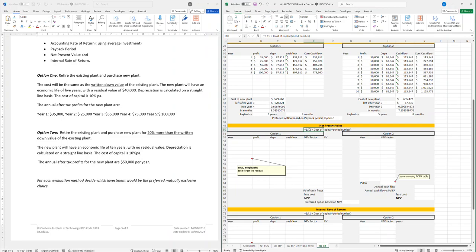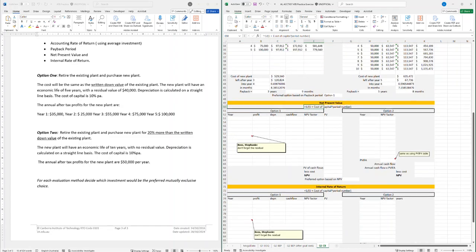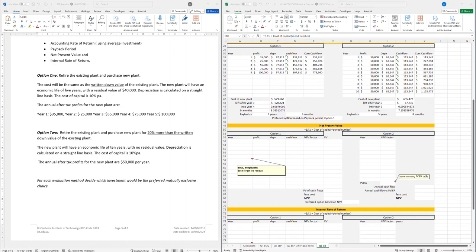Net present value. Now we're introducing net present value, and we're going to use the net present value factor, which is calculated by this formula. As I told you, it will be given to you, okay? So let's just put in the formula first.